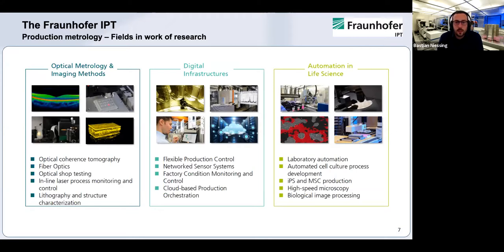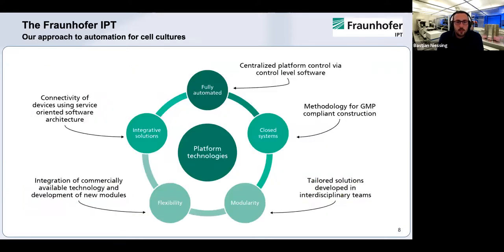And I think on the next slide, we can see our approach if we want to go for an automated process for cell cultures. So our approach is that we go for a platform technology, and this platform is a fully automated closed system. We have a highly modular and flexible system, so we can define different use cases and make an automated platform for this.